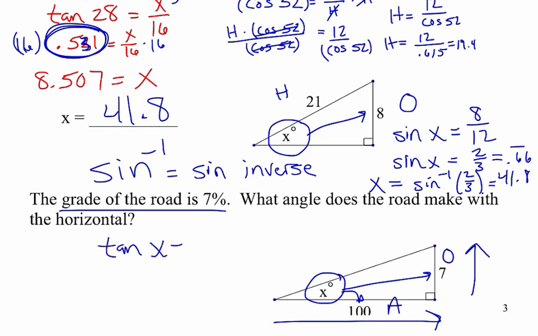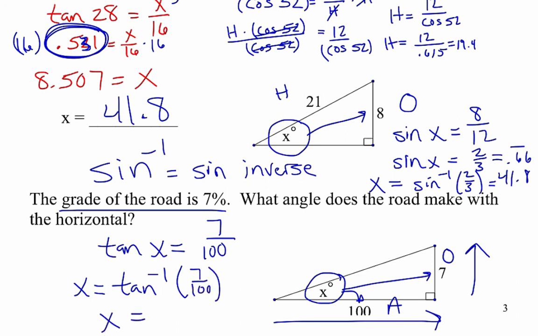So the tangent of that angle should be equal to the opposite side 7 over the adjacent side 100. So here again I'm asking for the angle that has this specific ratio. That means I'm going to ask what is the tangent inverse of 7 over 100, and that's asking the calculator what's the angle that has that ratio.